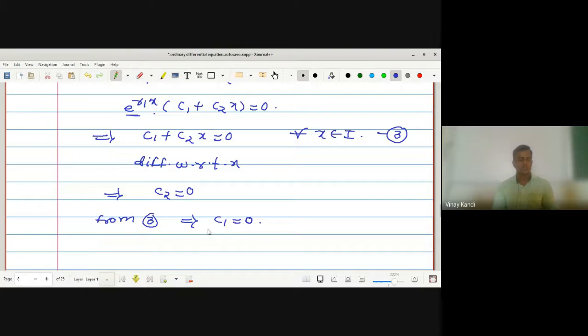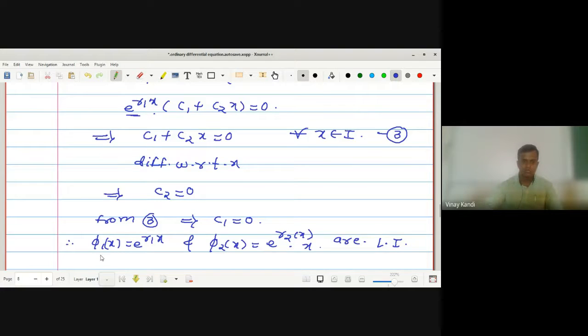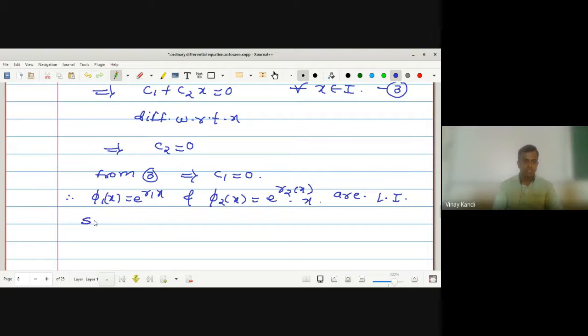Hence phi 1 of x is equal to e raised to R1x and phi 2 of x is equal to x into e raised to R1x, are linearly independent solutions of L of y for any interval I.